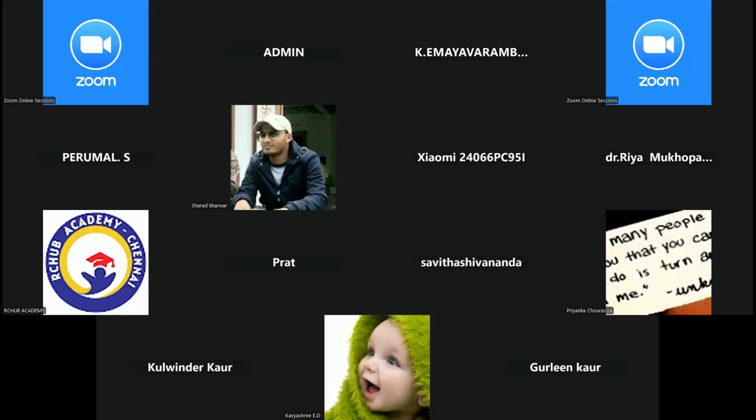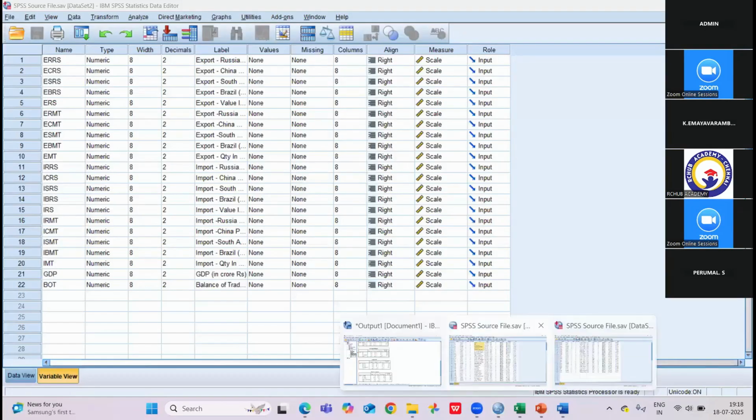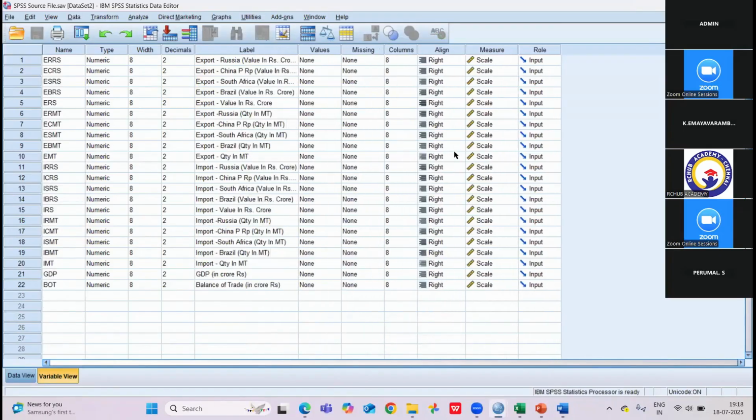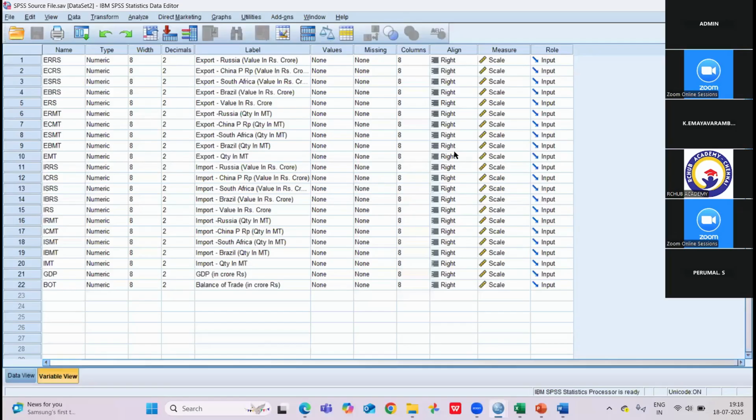You see, this is purely secondary data. This is data related to export and import between the BRICS nations, that is, Brazil, Russia, India, China, and South Africa, of agricultural products.